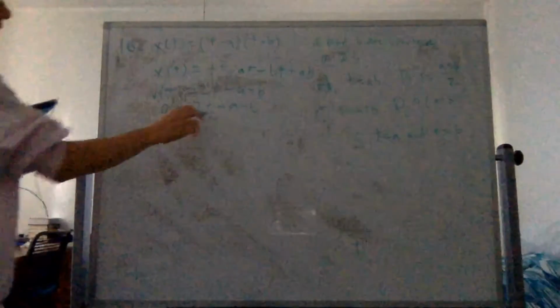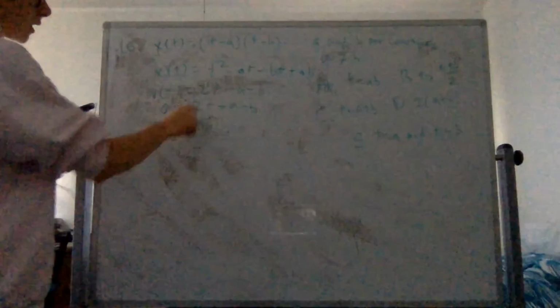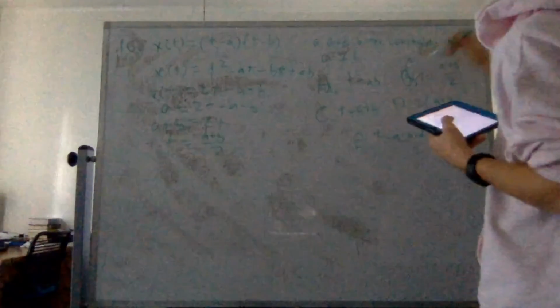Now we know that 0 equals 2t minus a minus b. Because we want to get t by itself, we add a and b to both sides. So a plus b equals 2t, or t is equal to a plus b over 2, which is answer choice B.